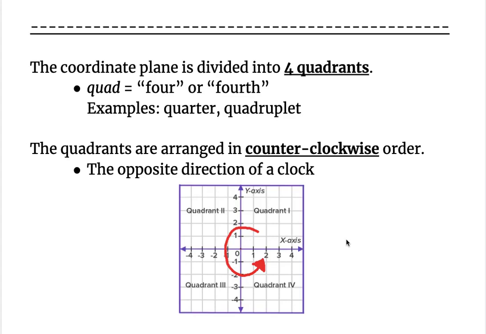Something you also probably notice is that the numbers are written differently. They're written in what we call Roman numerals. So instead of 1, 2, 3, and 4, the way we normally write it, we write it in Roman numerals. So 1 is just 1 dash up and down, 2 is 2 dashes up and down, 3 is 3 dashes up and down, and 4 is actually an I and a V. That's because the Romans' numbers use addition and subtraction.